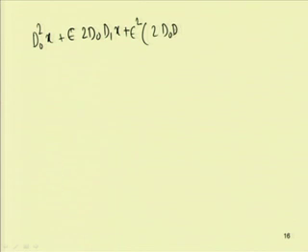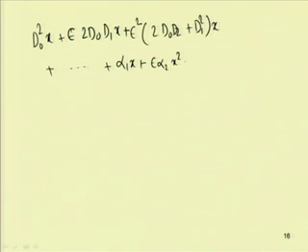So, it will be D0 squared x plus epsilon into 2 D0 D1 x plus epsilon squared into (2 D0 D2 plus D1 squared) x plus higher order terms, plus alpha 1 x plus epsilon alpha 2 x squared plus epsilon squared alpha 3 x cubed equal to 0.